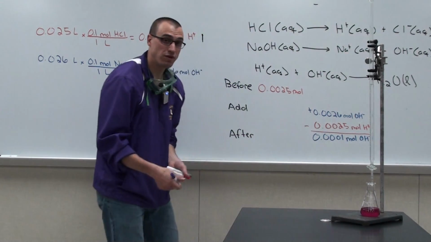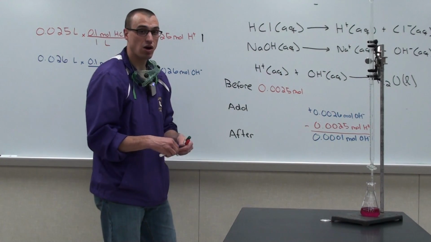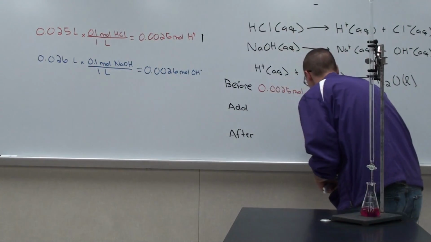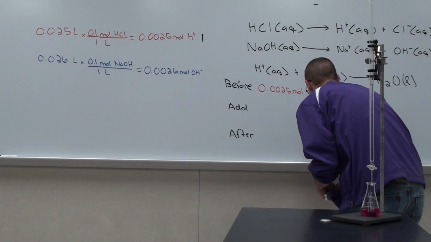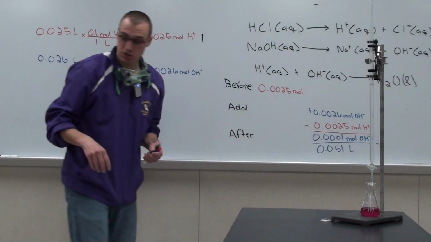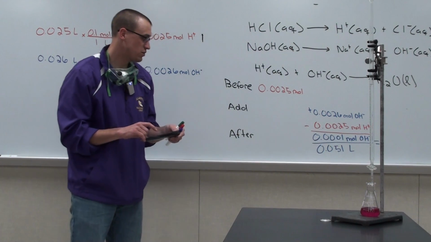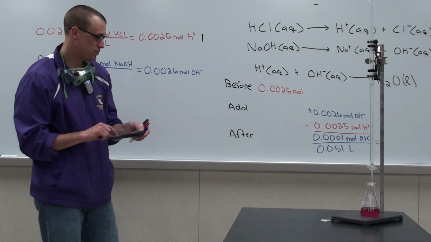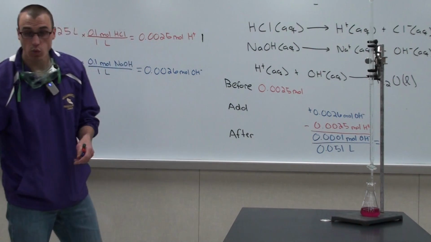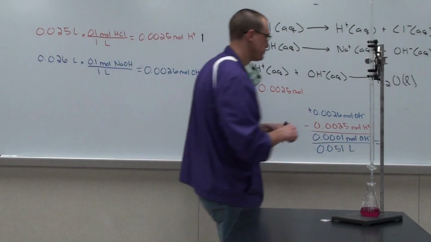That gives us a total of 51 milliliters, but our molarity equation states that we need our solution in liters, so that is 0.051 liters. When we punch this into our calculator, 0.0001 divided by 0.051 liters, we end up with a molarity of 0.00196.